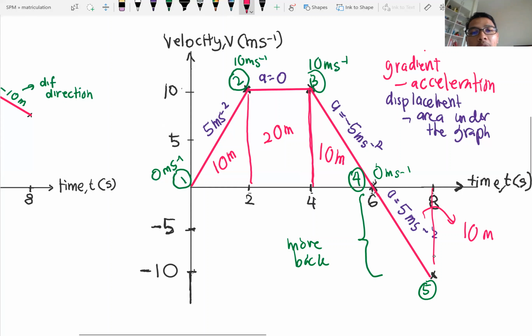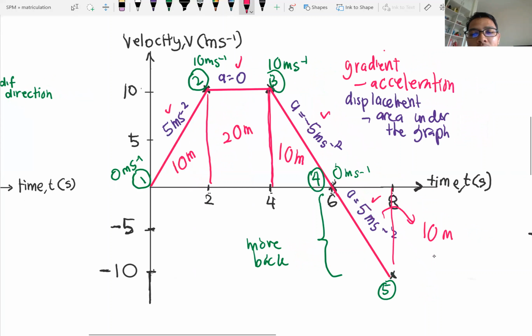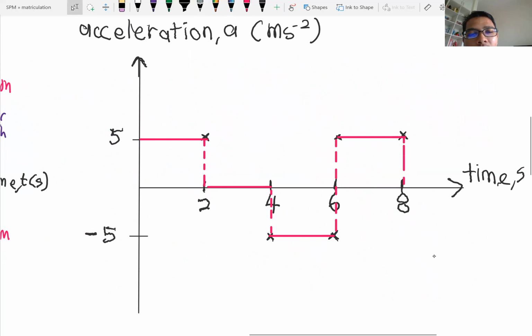So now you know the acceleration is 5, 0, -5, and 5. So you can also plot a graph for the acceleration time graph. So this is the acceleration time graph. This is 5, 0, -5, decelerate, and 5 again.